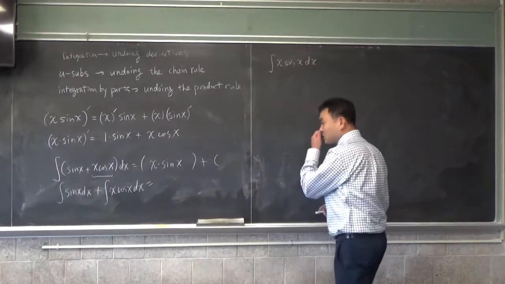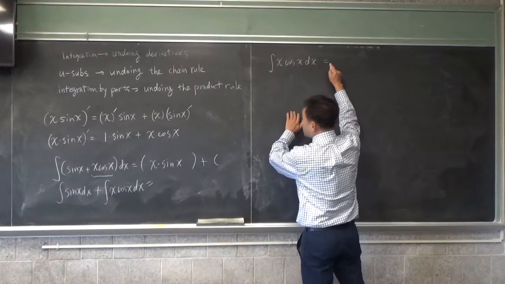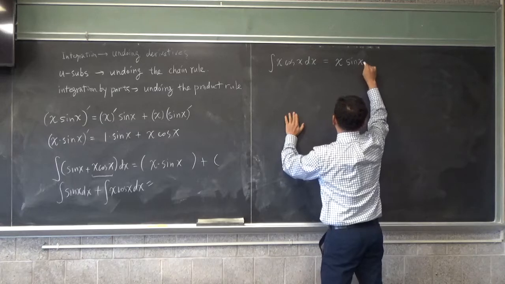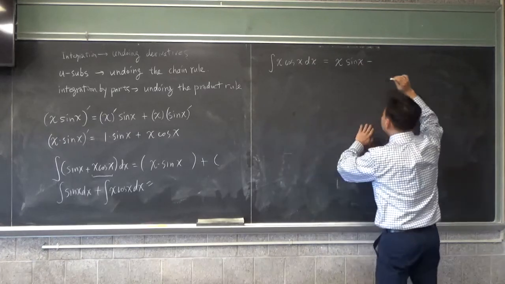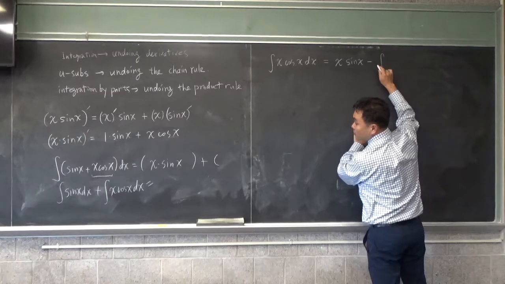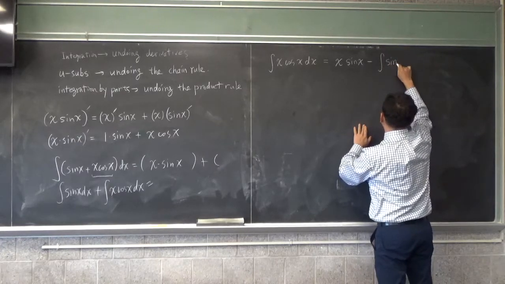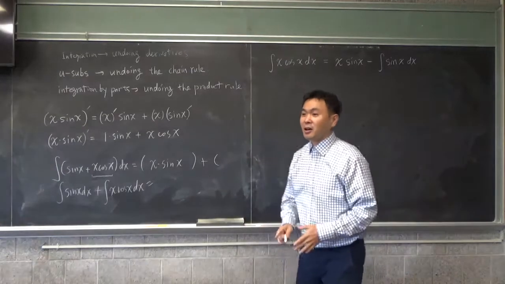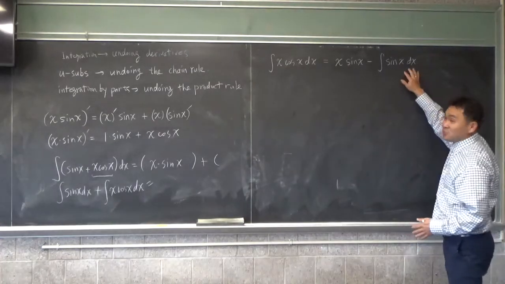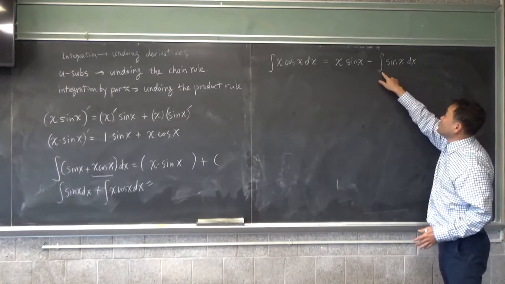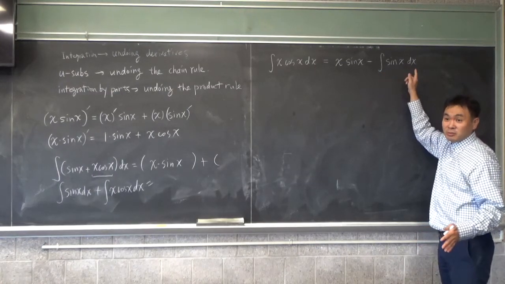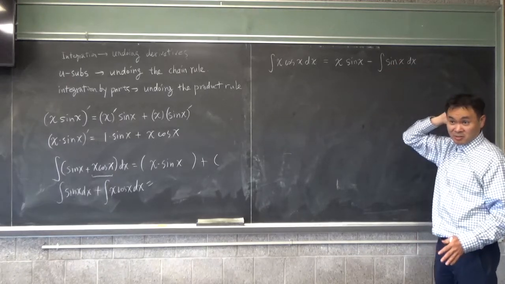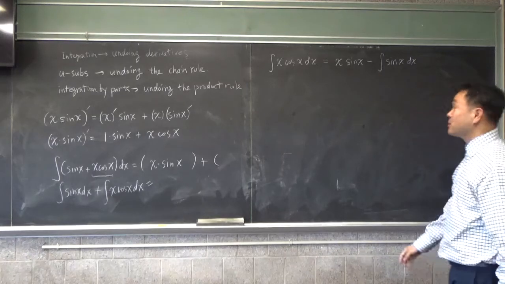And that's a very interesting approach to this. So you have x times sine x minus the integral of sine x. And then there should be a plus c there, but I can get away with not putting a c. The reason is if you compute the integral, the c will appear anyway. So if you see an integral, then you can just get away with not putting the c. And that looks simpler, so this is what I'm going to do.